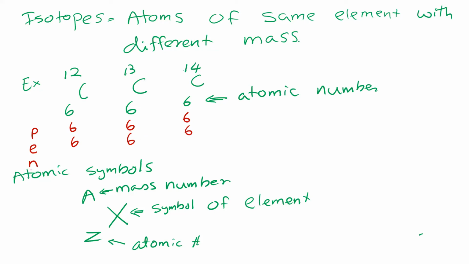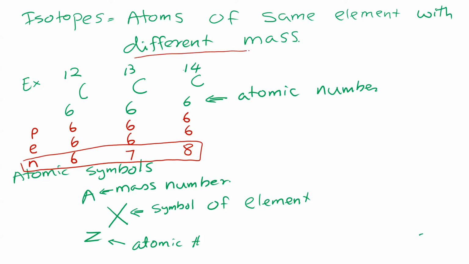The difference is the number of neutrons. In C12, you will find 6 neutrons, C13 has 7 neutrons, and C14 has 8 neutrons. So in the case of isotopes, the reason for different masses is because they have different numbers of neutrons.